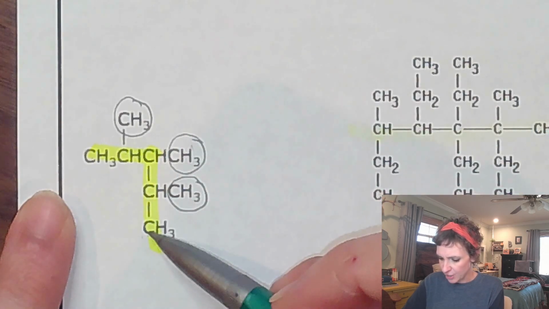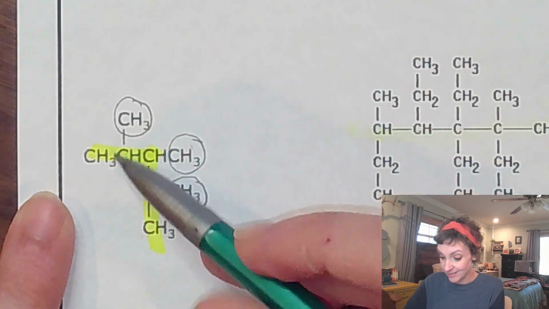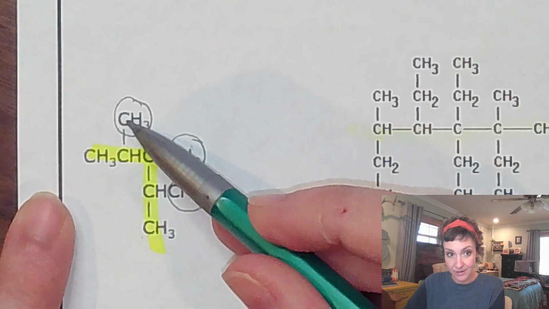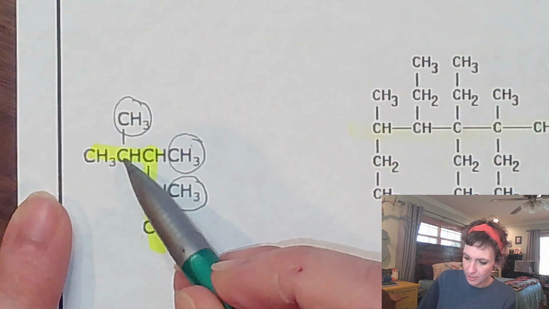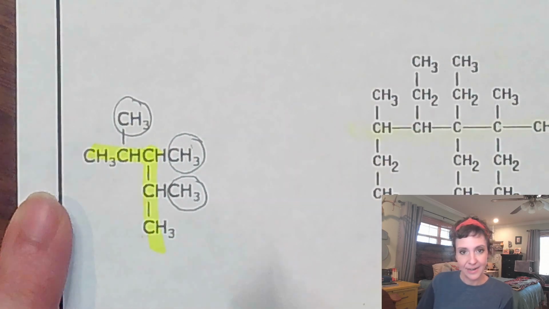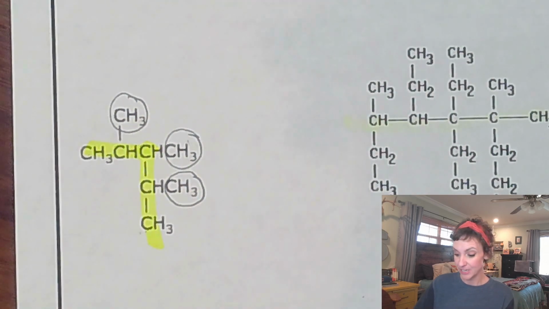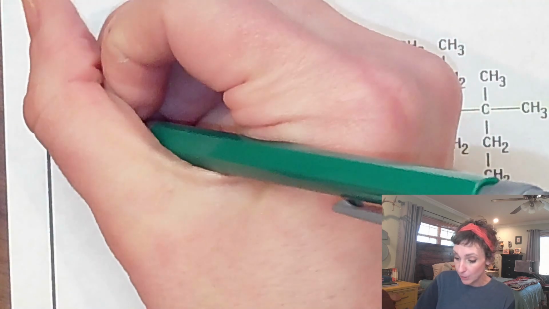So if I had carbon 1, 2, 3, I would get another branch on 3, and then the final branch on 4. If I go the other way, 1, 2, 3, 4, right? It does not matter. The ordering of my carbons doesn't matter because the branches are symmetrical here, so not all of them are closer to one end of the parent chain. So I can pick. The name will be the same.